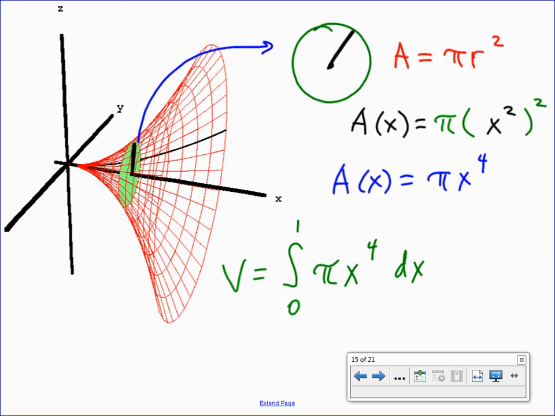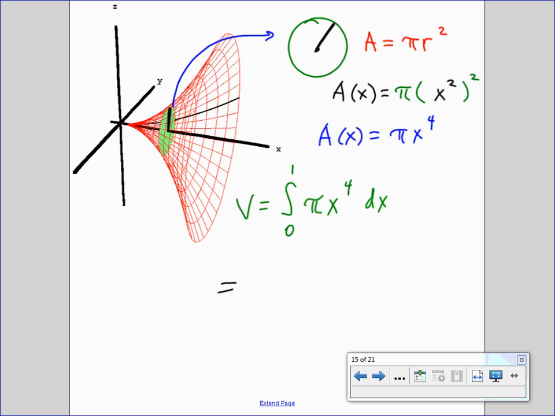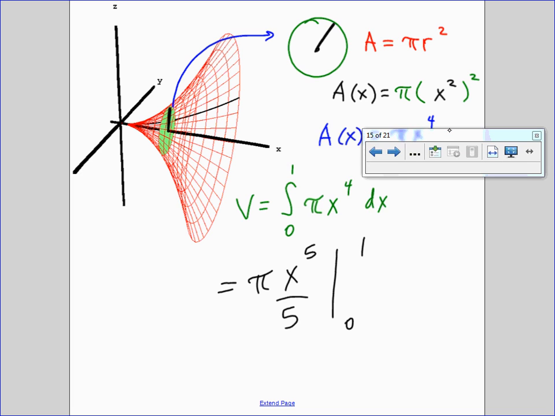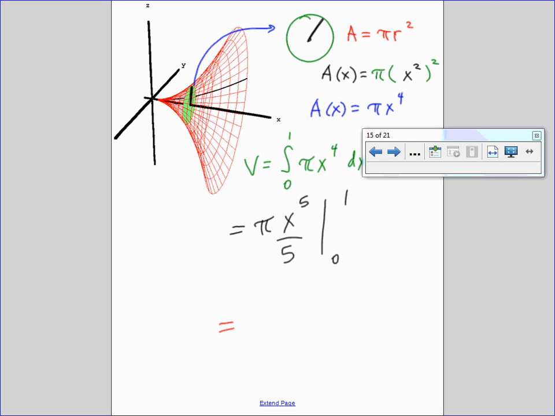That's it. Which means that my volume is given by pi x to the 5th over 5, evaluated from 0 to 1. Which in turn is pi over 5.